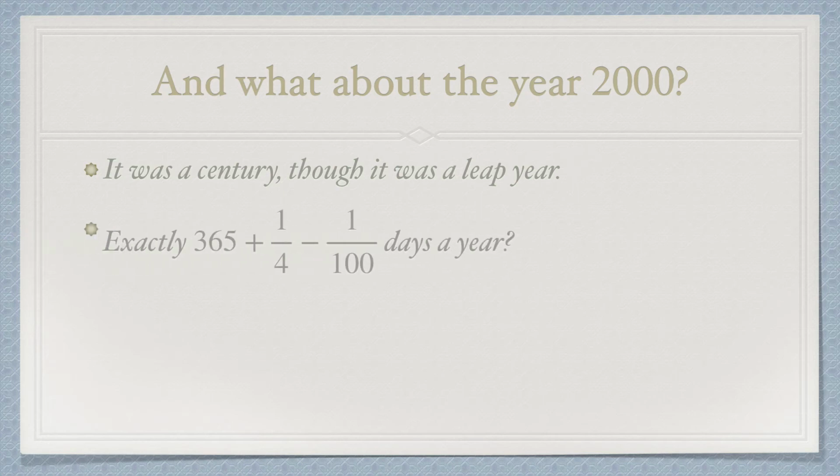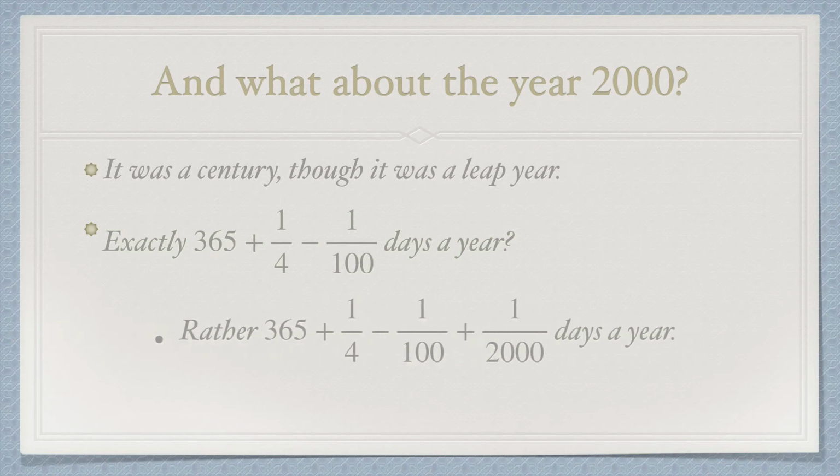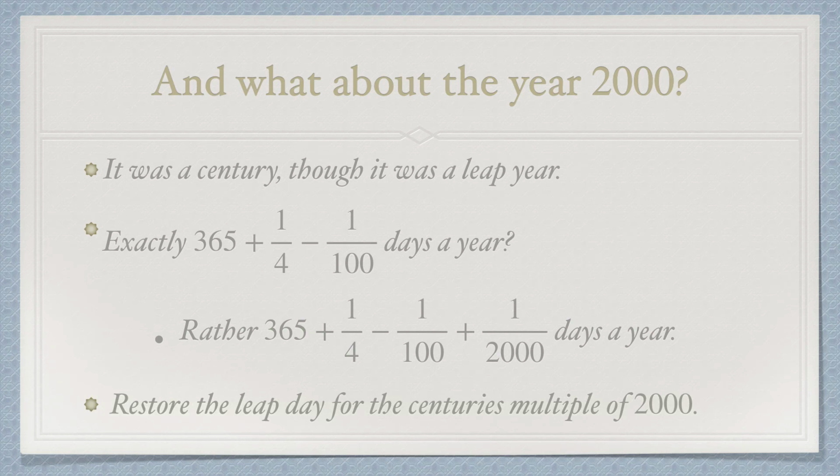So is it exactly 365 plus 1/4 minus 1 over 100 days in a year? No, it is rather 365 plus 1/4 minus 1 over 100 plus 1 over 2000 days in a year. All we have to do is to restore the leap day for the centuries multiples of 2000. For instance, the year 2000.